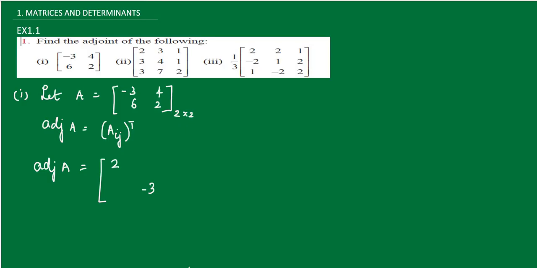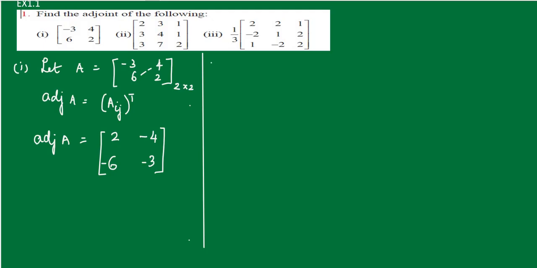The non-diagonal elements, we just change the sign. The numerical value is unaltered. Plus minus, minus plus. This is the adjoint of A for a 2 cross 2 matrix. So, first sum completed.